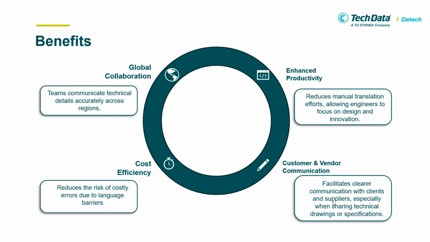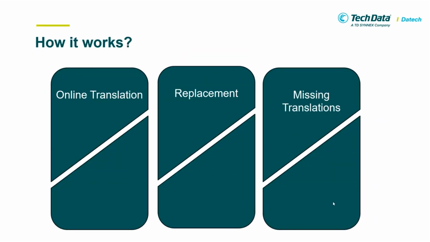Customer and vendor communication: it facilitates clear communication with clients and suppliers, especially when sharing technical drawings or specifications. Most importantly, efficiency: it minimizes the need for external translation services and reduces the risk of costly errors due to language barriers. And let's discuss how it actually works.